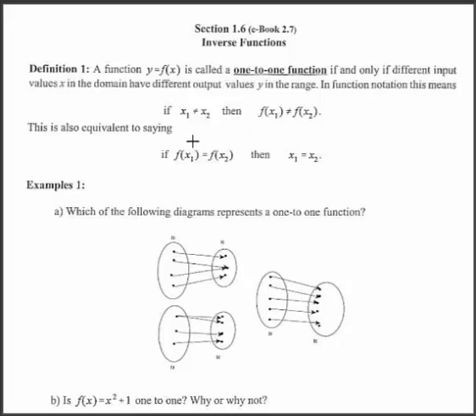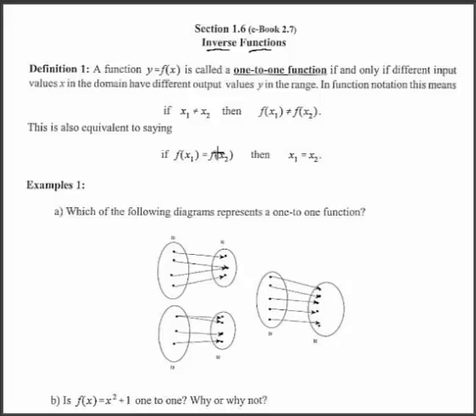So it's not enough to be a function. It also has to be one-to-one, and if that's the case, then we can say that that particular function has an inverse function that pretty much just maps the y back to a particular x.